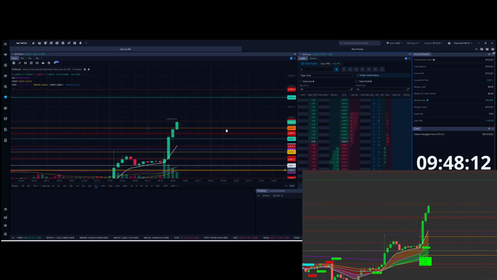Pushing through this next daily level. I don't want to get in at the top of this candle.